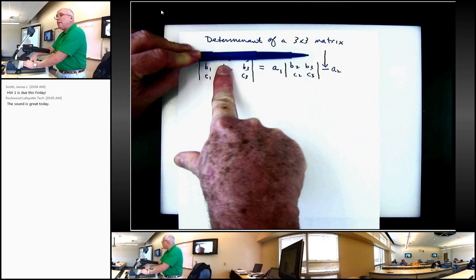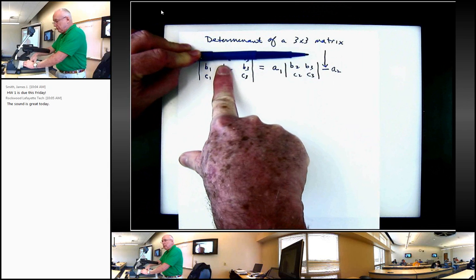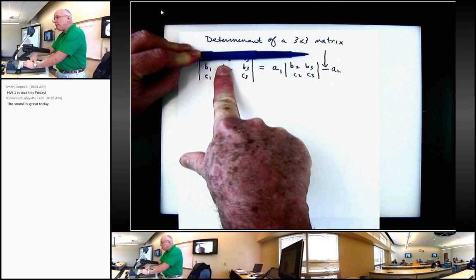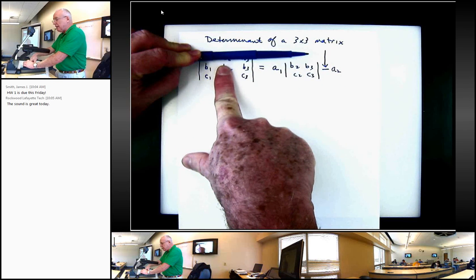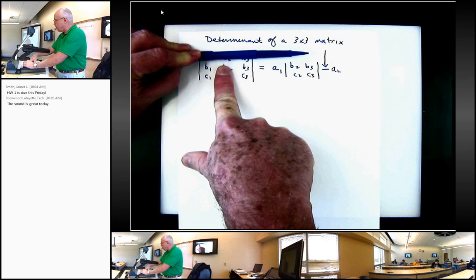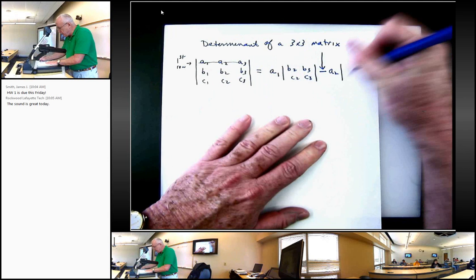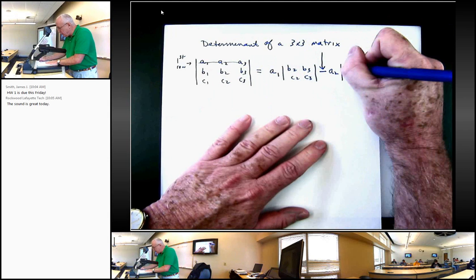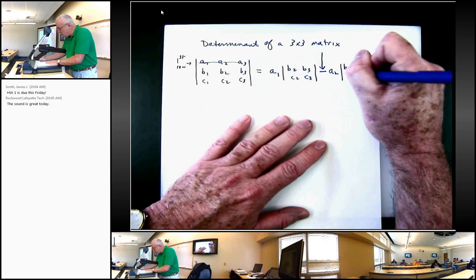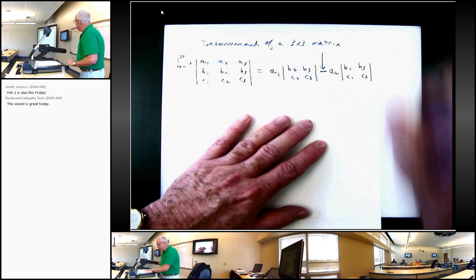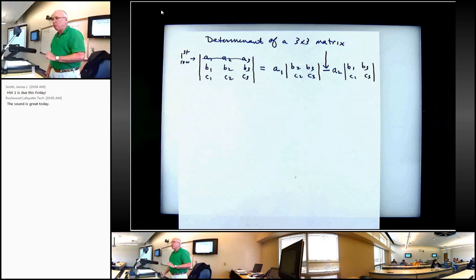We're still left with 4 elements, and we're going to multiply that minus A2 by the determinant of those 4 elements. So that's going to be minus A2 times the determinant of B1, B3, C1, and C3. Okay, we're 2/3 of the way through.